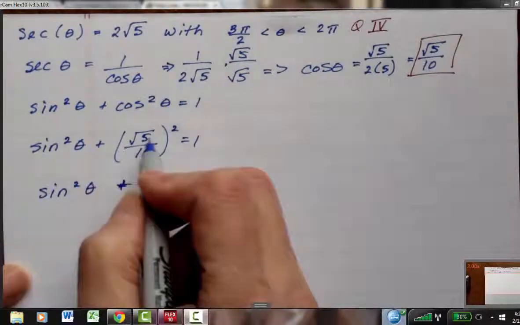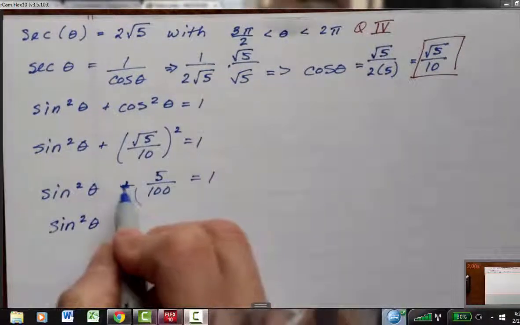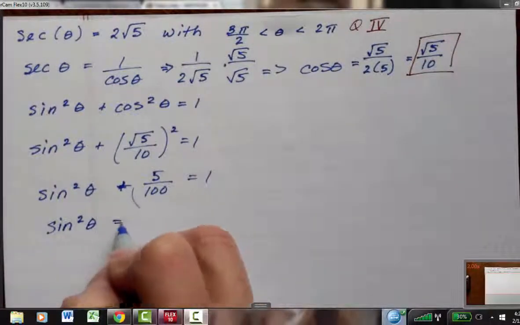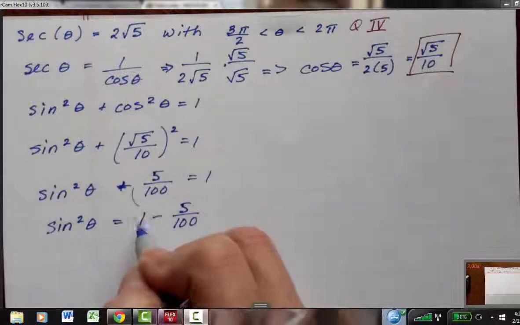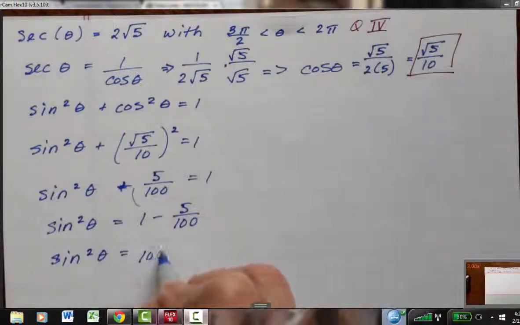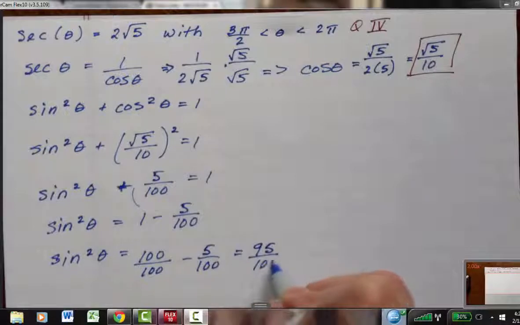Sine squared theta gives me 5 over 100. I'm going to subtract 5 100ths from both sides. 1 minus 5 over 100. And then a common denominator, 100 over 100 minus 5 over 100 gives me 95 over 100.